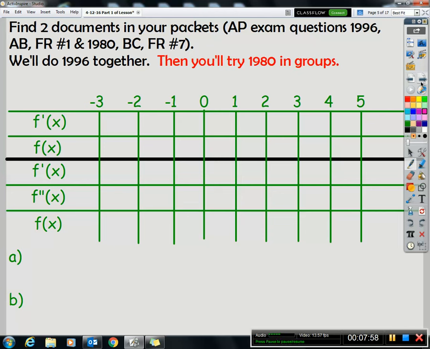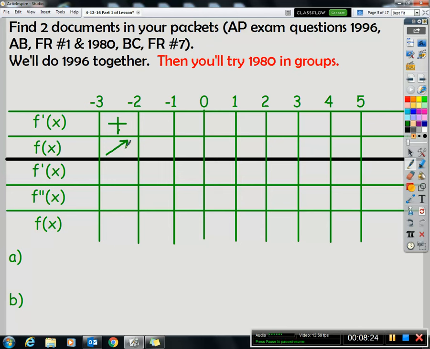Above the black line, I'm going to record when the derivative is positive so that I can see when f of x is increasing and decreasing. Do you see on the graph that from -3 to -2, the derivative is above the x-axis, so it's positive? That means I know the function is increasing, the function I haven't graphed yet.